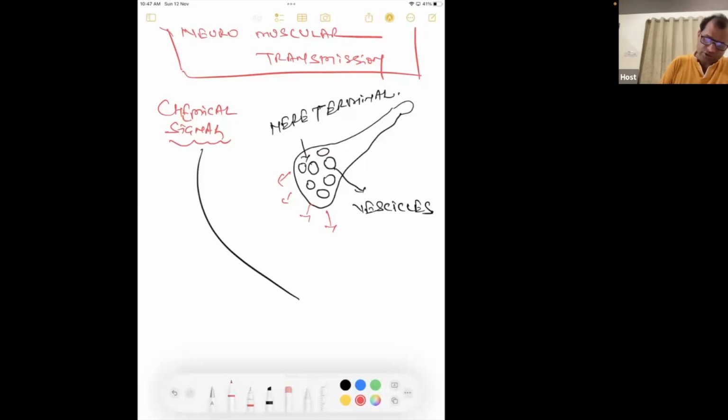And in these pouches, lots of chemicals are stored, like you have a perfume bottle and inside you have perfume, and perfume is a chemical. Inside the pouch, these very important chemicals are stored. These chemicals are called neurotransmitters.